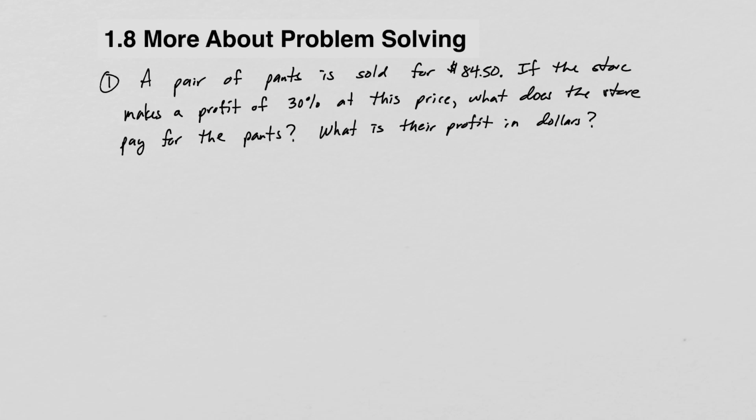So, the fundamental idea here is that the store has a cost for the pants, plus they're going to add to that their markup, which is how much money they decide they're going to make on the pants. And this is going to equal the total sale price.